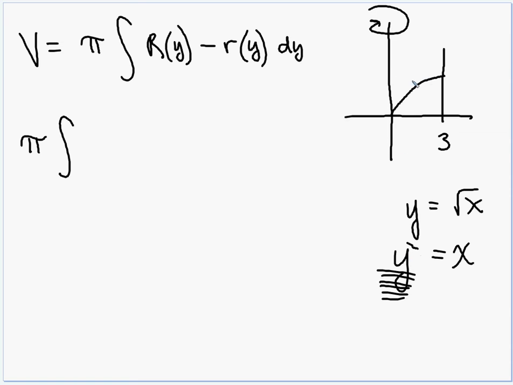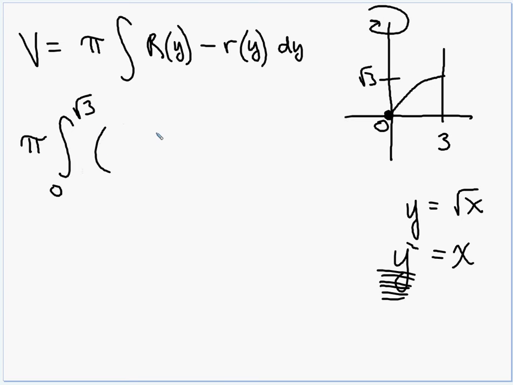And on the y-axis here, what would our limits be? So we're going on the y-axis, so 0, the root of 0 is 0, and then if we put the x is 3 into the root function, that would be a root of 3. So on the y-axis, we're going from 0 to a root of 3.